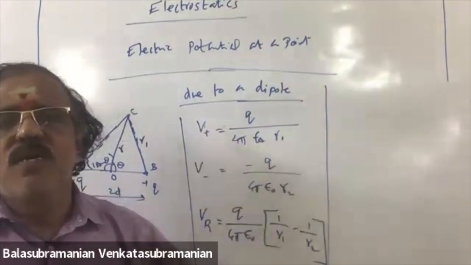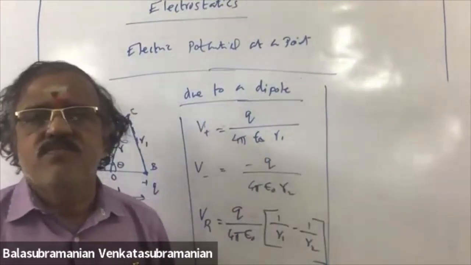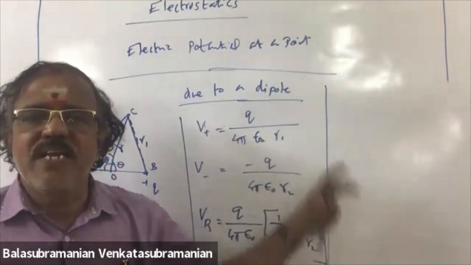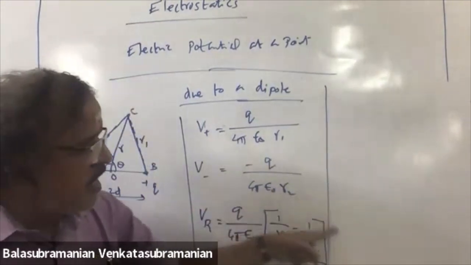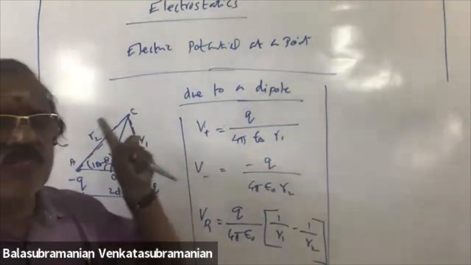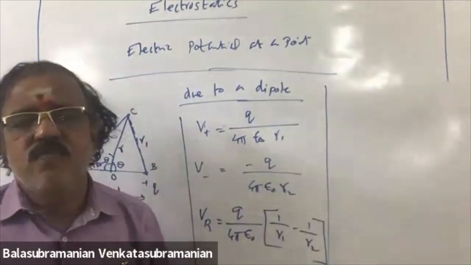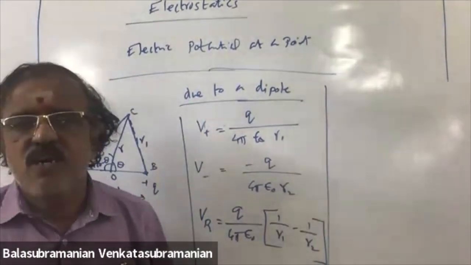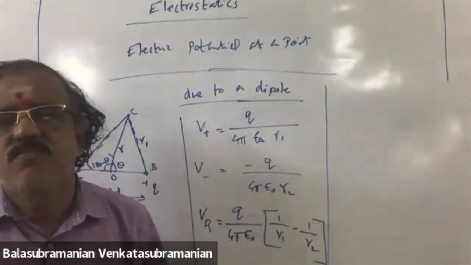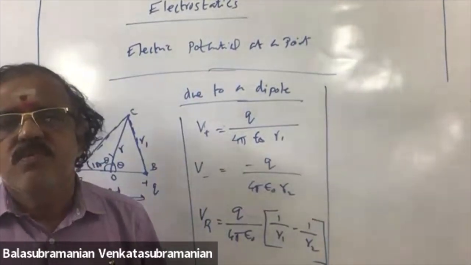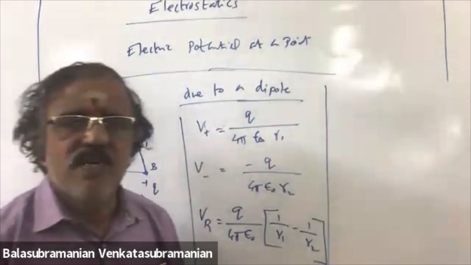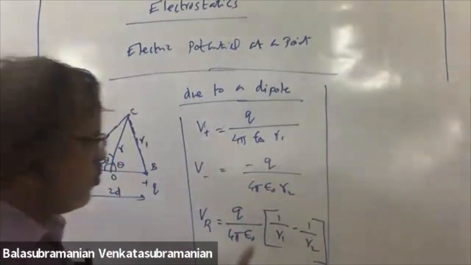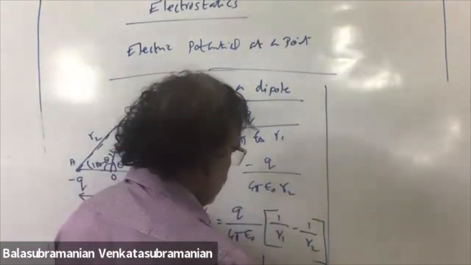Use your cosine law and binomial expansion. Calculate this 1 by R1 and 1 by R2 from this triangle of vector addition. Final formula, binomial expansion, rearrange. You will get the final answer.